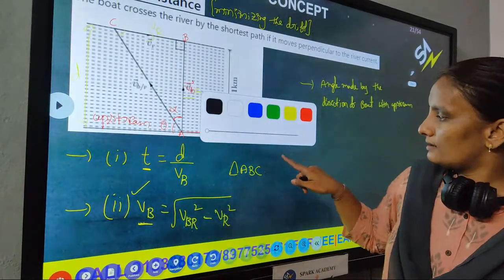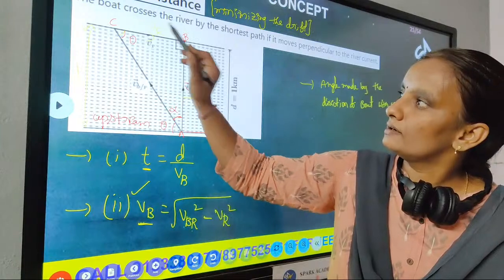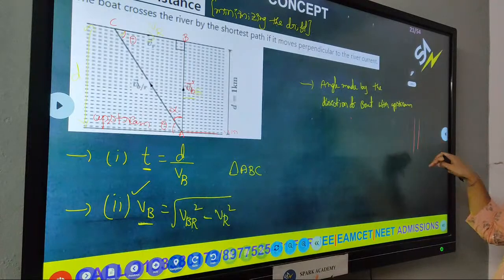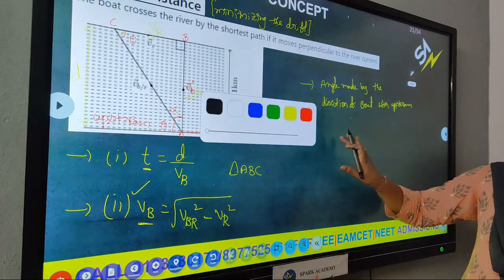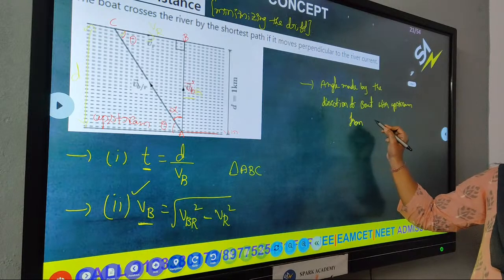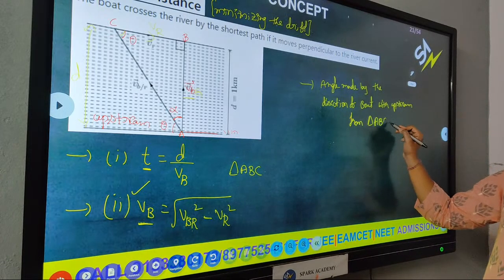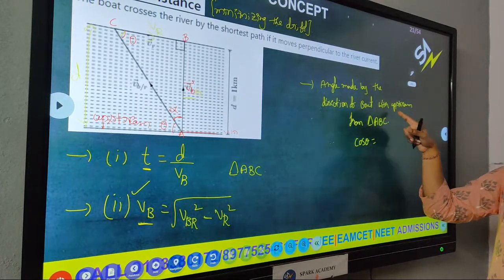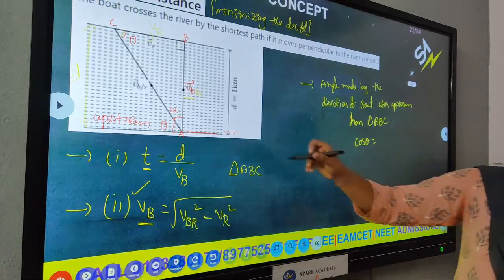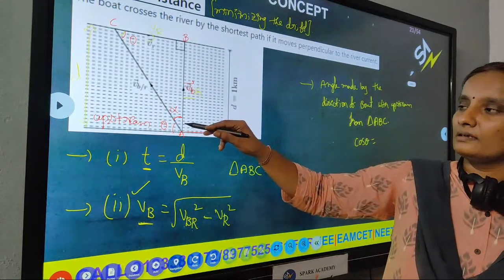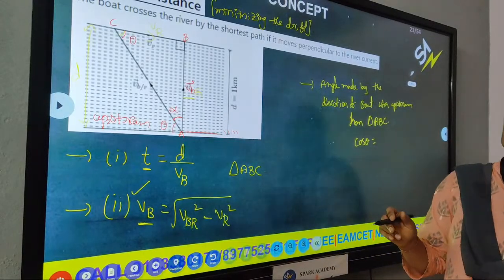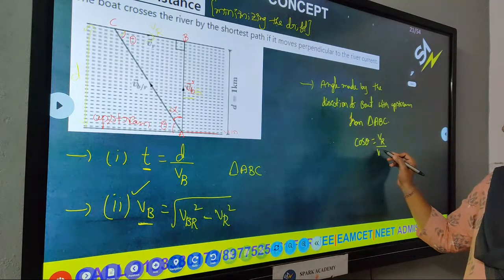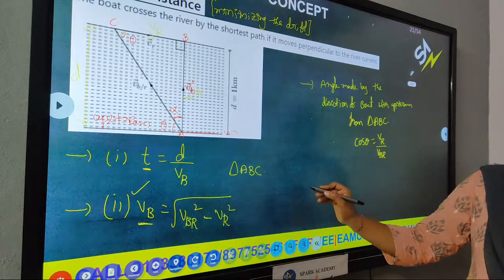These two are alternate angles, equal. So from triangle ABC, cos theta, the angle made by the direction of boat with upstream, is adjacent by hypotenuse. Adjacent is VR, hypotenuse is VBR.